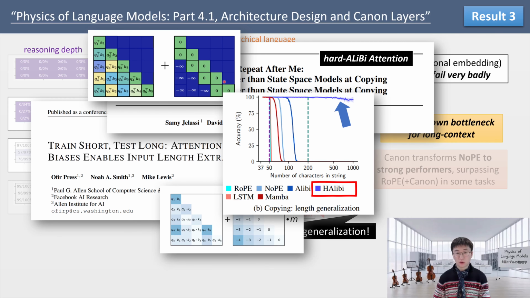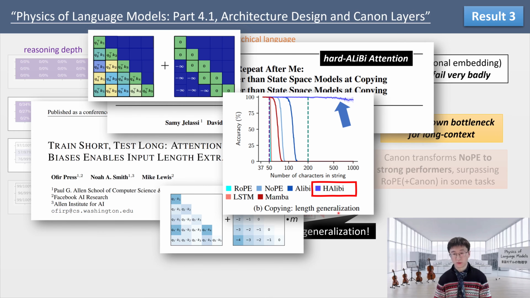Both of the works turned out to be very good in terms of length generalization. For instance, hard ALiBi is capable of being trained on the task of copying for only 50 tokens, but generalizing to 1,000 tokens. That is extremely good. But one issue here is that this is really a simple task, for instance copying or associative recall. Then how about if you work on shorter context but harder reasoning tasks?